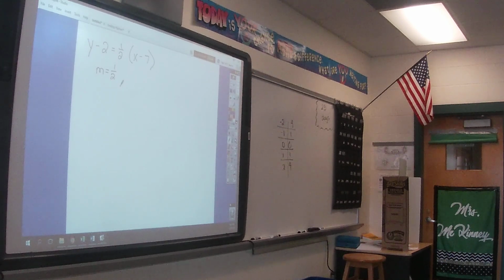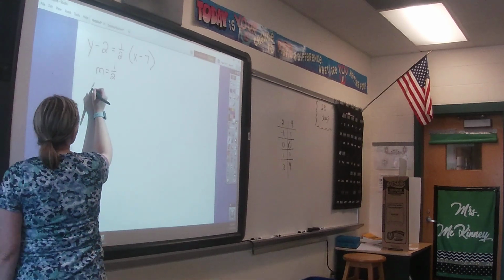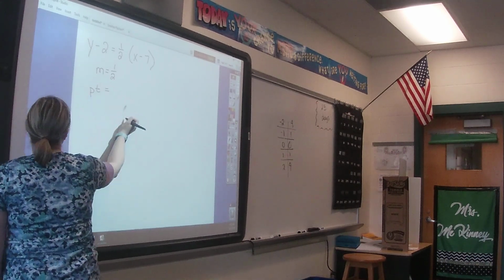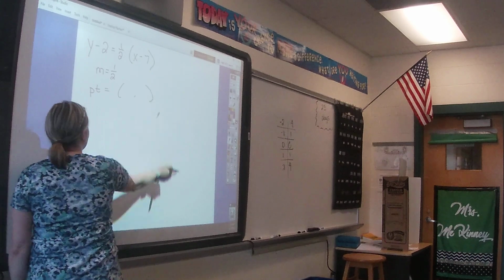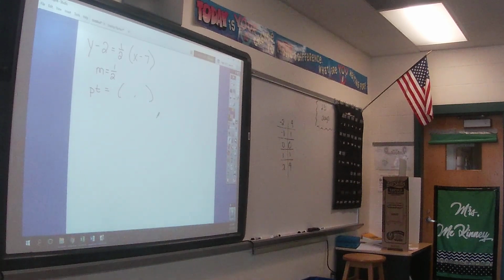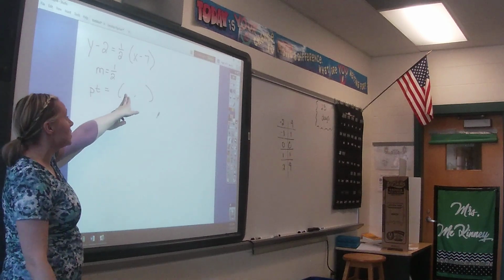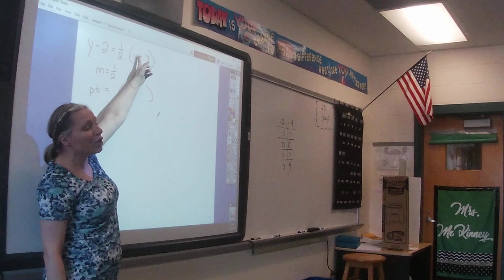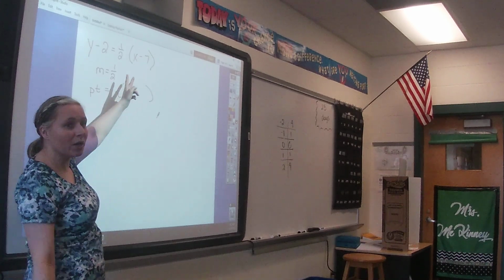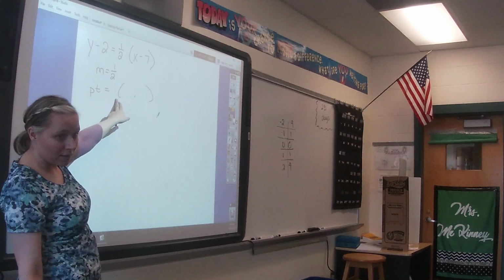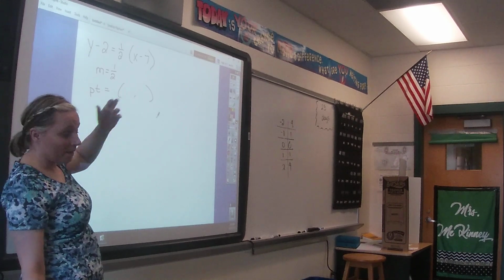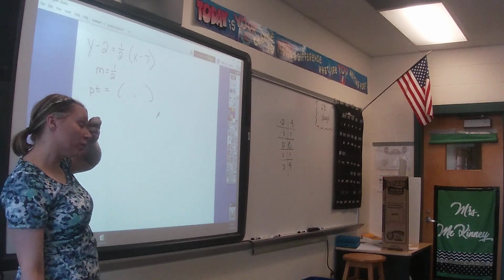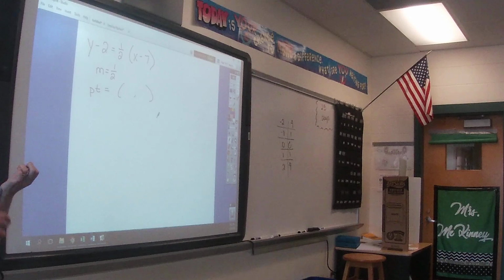Our point is going to be an ordered pair, so we know we need it to be an x comma y, where the x value comes first. Whatever is sitting with the x is our x value. This looks like a negative 7, but what are we going to write it down as? We're taking the opposite sign, so if it looks negative, what are we going to do?